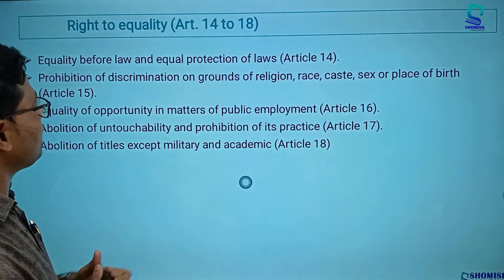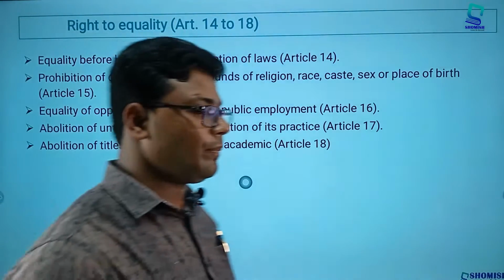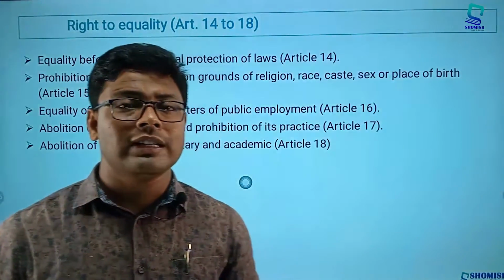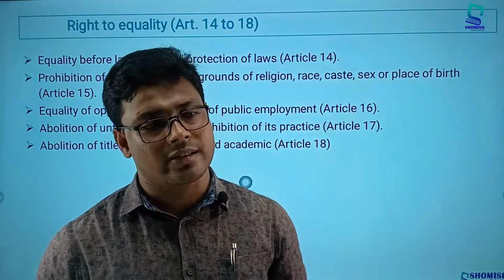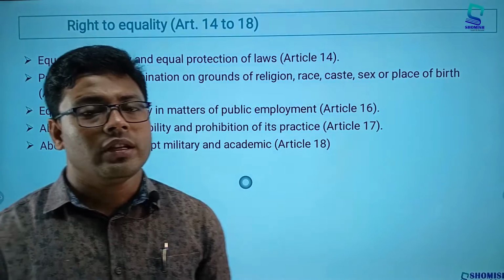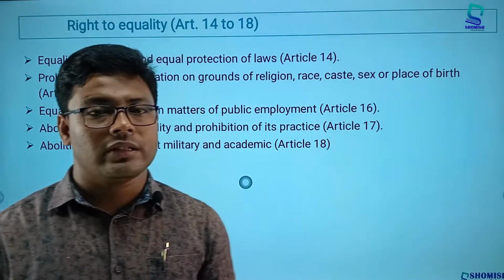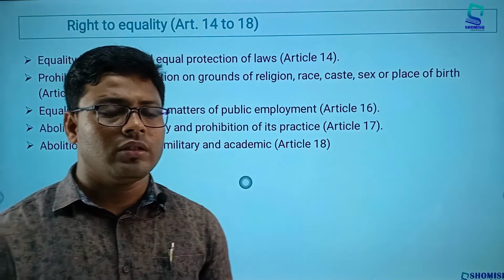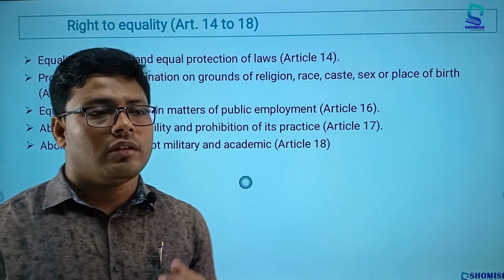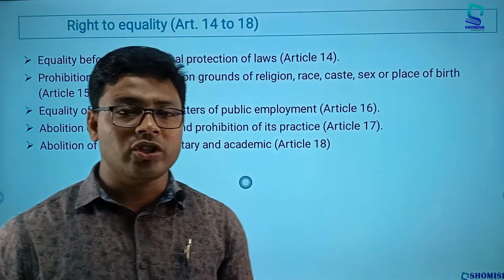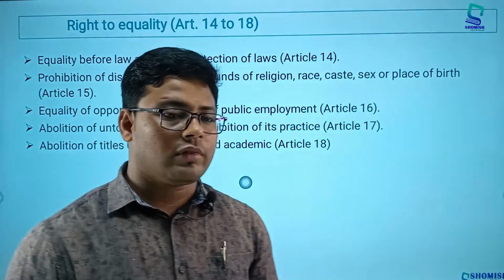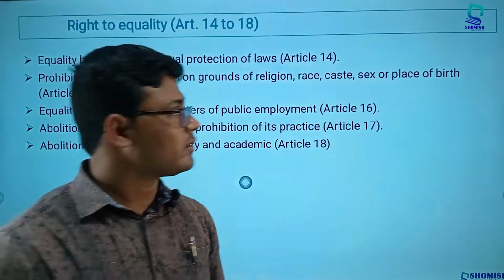This is very important, right to equality. We know that right now we have 6 fundamental rights: right to equality, right to freedom, thereafter right against exploitation, then right to freedom of religion, cultural and educational rights, right to constitutional remedies.